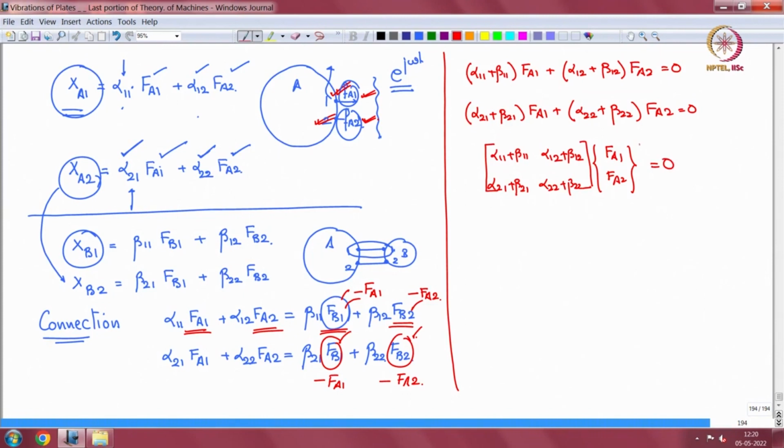So for a non-trivial solution of FA1 and FA2, this matrix must be singular. That means its determinant is 0, and that gives the equation for new resonances.